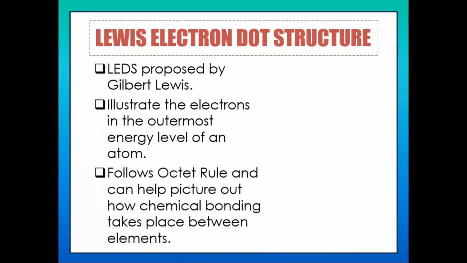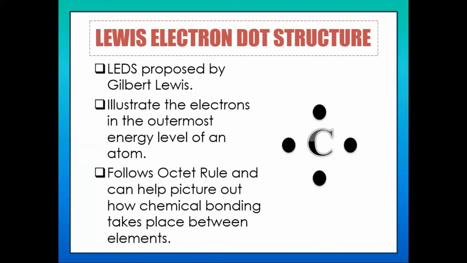It follows the octet rule. So when we say octet rule, valence electrons should only have up to 8 maximum. Okay, and it can help picture out how chemical bonding takes place between elements. So this is an important concept because this will be used once we discuss chemical bonding.